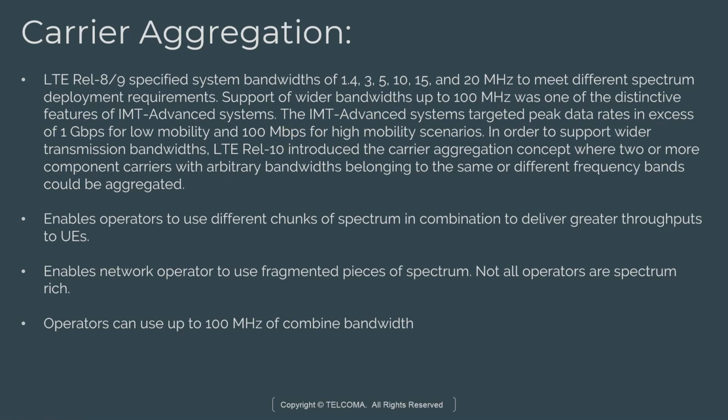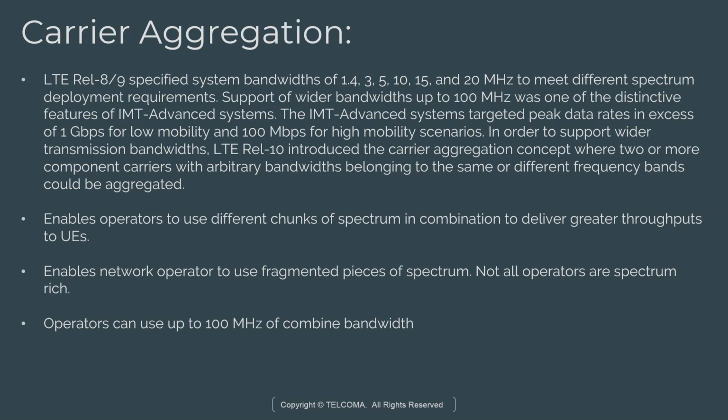So previously, prior to LTE Advanced, you could only have one LTE carrier or LTE frequency serving users. But with carrier aggregation, say you had two chunks of spectrum that you own in a given market and you want to use both of them for LTE.